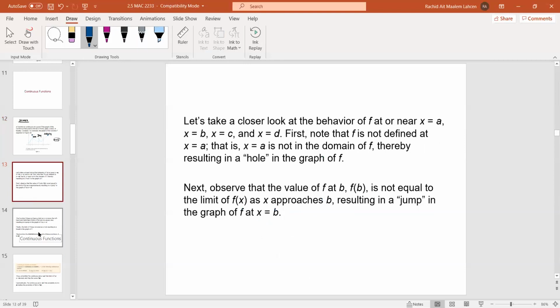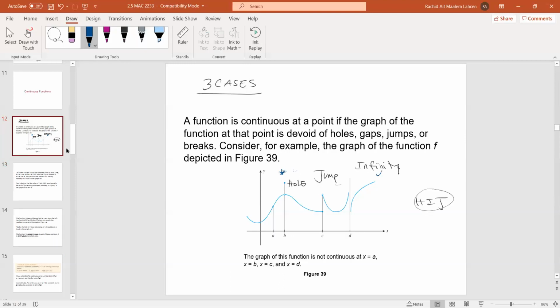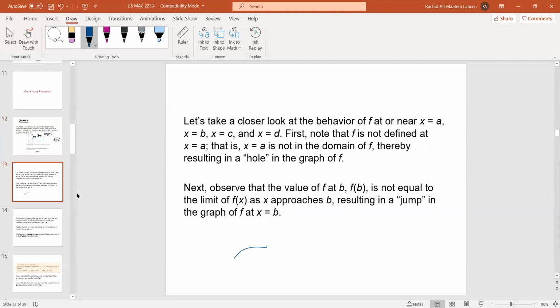All right, so that's pretty much the example there. Whether it's defined or not defined, there is a hole there, so that's a problem. That's a jump. And for example this way, that's infinity.